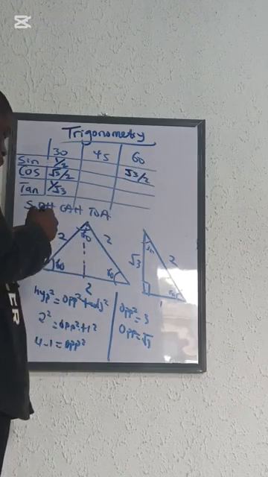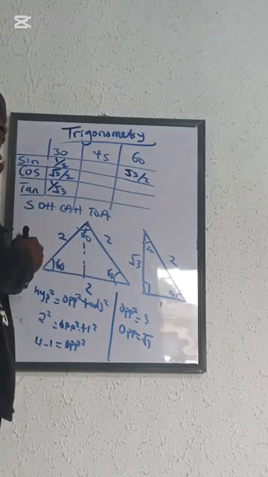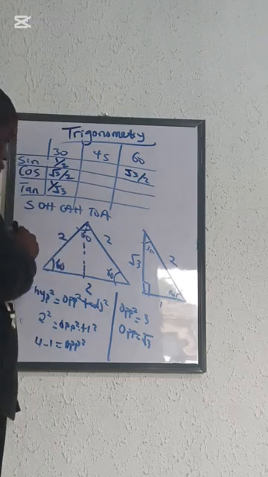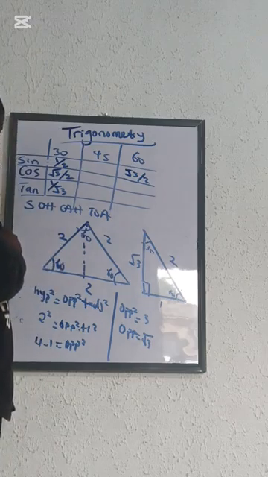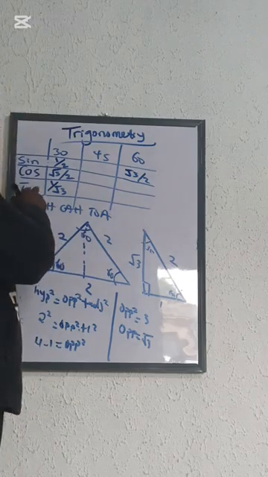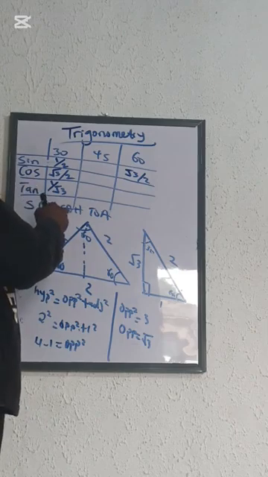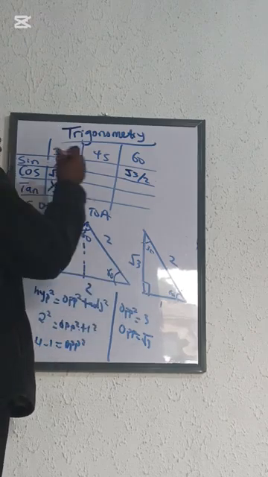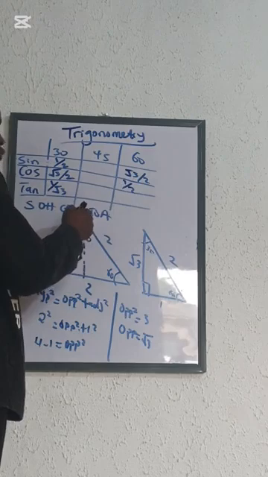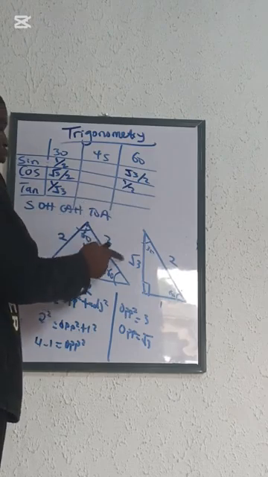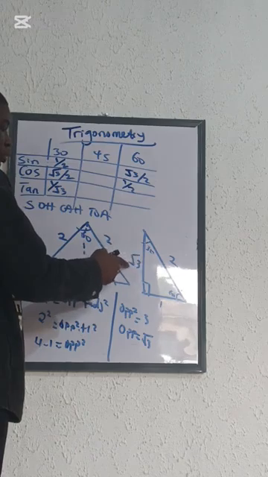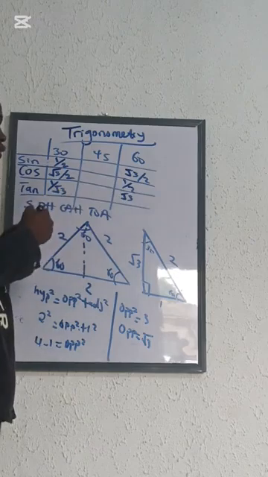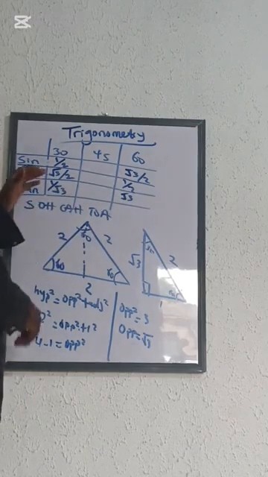For cos, adjacent over hypotenuse, 1 over 2. Then tan, opposite over adjacent, root 3 over 1, which is root 3. So that's how we get our 30 and 60.